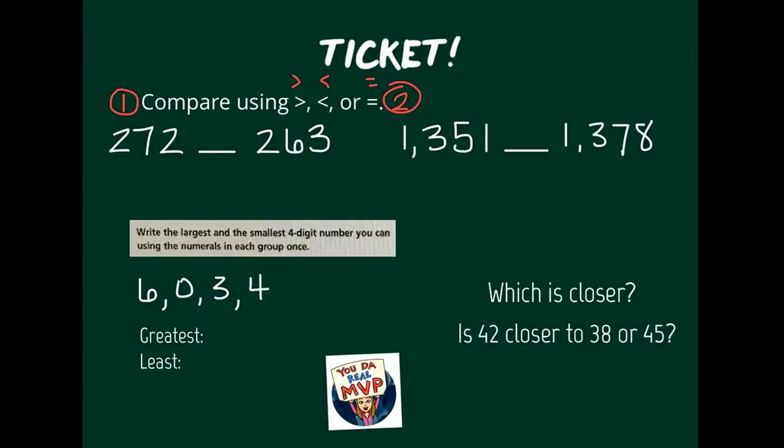For number 3, you're going to create the largest and smallest 4-digit number you can using the numbers 6, 0, 3, and 4 once. And finally, the last problem today is deciding which is closer. Is 42 closer to 38 or 45? You'll rock this.